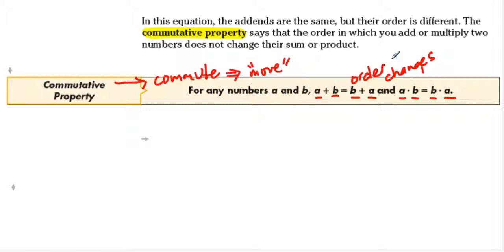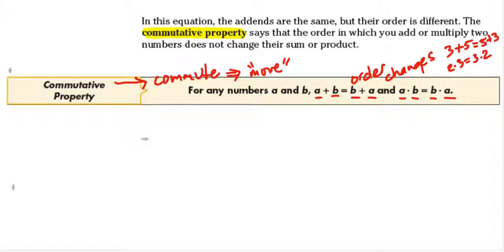If you also notice, in the commutative property there is no subtraction, nor is there division, because the commutative property only works for addition and multiplication. What do I mean by that? 3 plus 5 is the same as 5 plus 3. Both equal 8. 2 times 3 is the same as 3 times 2. Both equal 6.